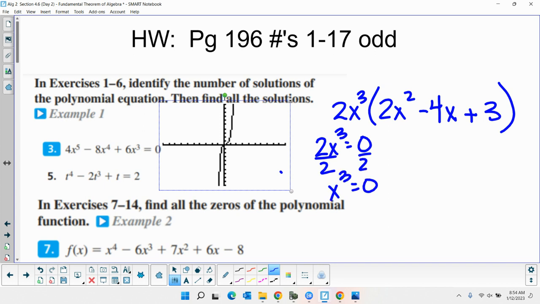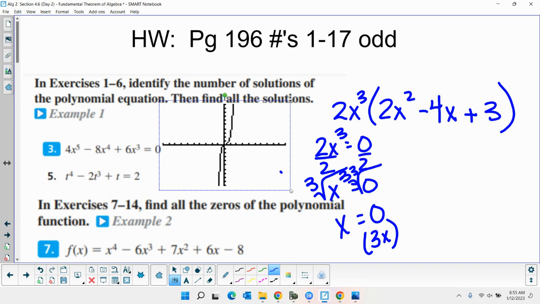How do I get x? Cube root it, right? If it was x squared equals 0, we square root, right? So I cube root, and the cube root is 0. So since it's x to the third, 0 is working 3 times, because that would be 0 times 0 times 0, right?